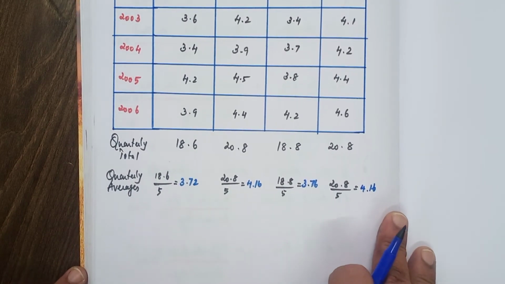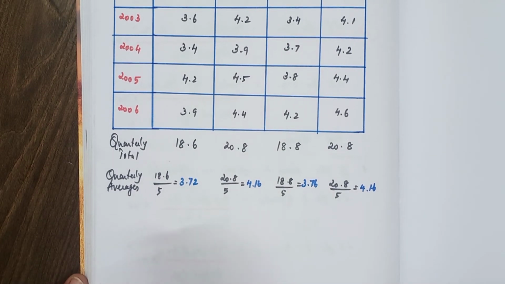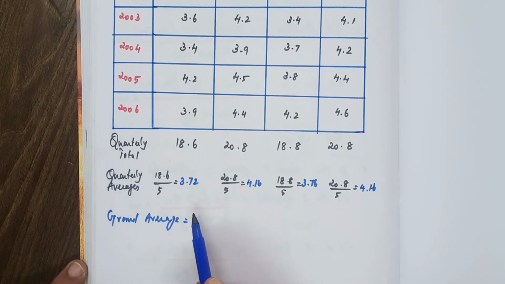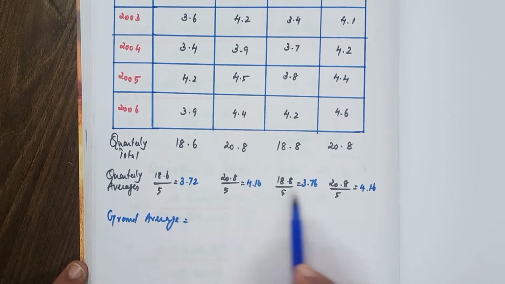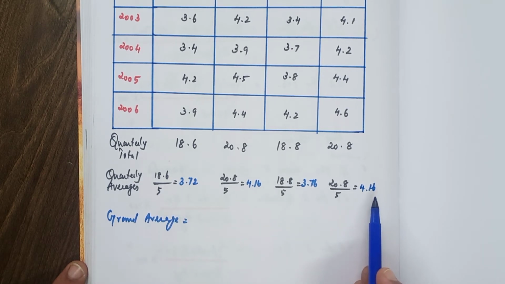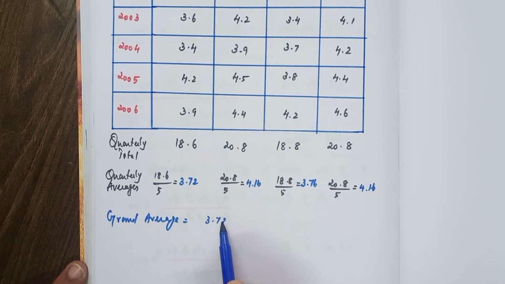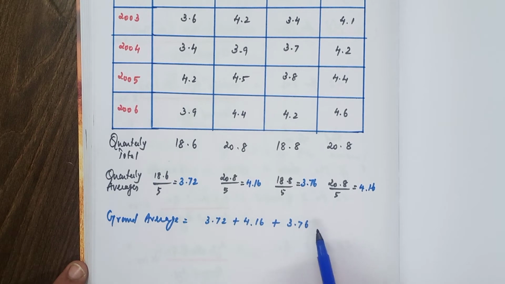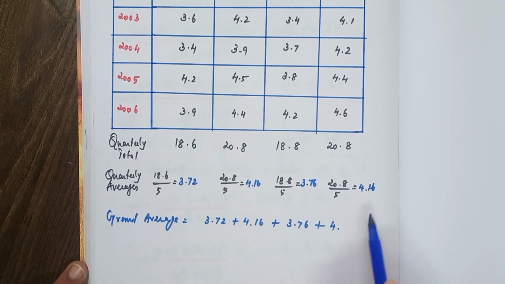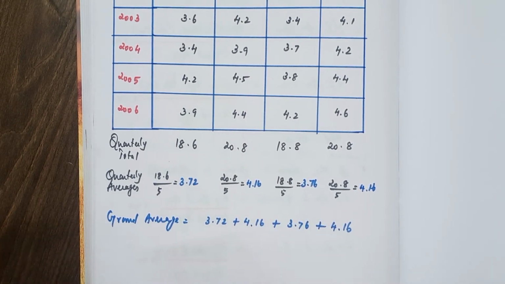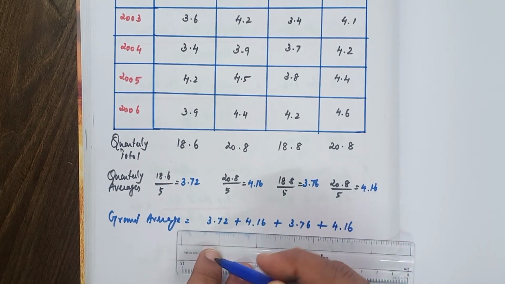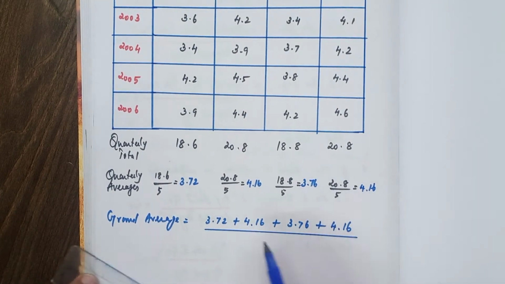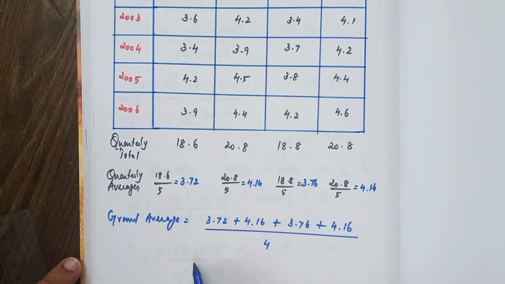Next step, we have to calculate the grand average. That means add all the averages and divide by 4: 3.72 plus 4.16 plus 3.76 plus 4.16, divided by 4.